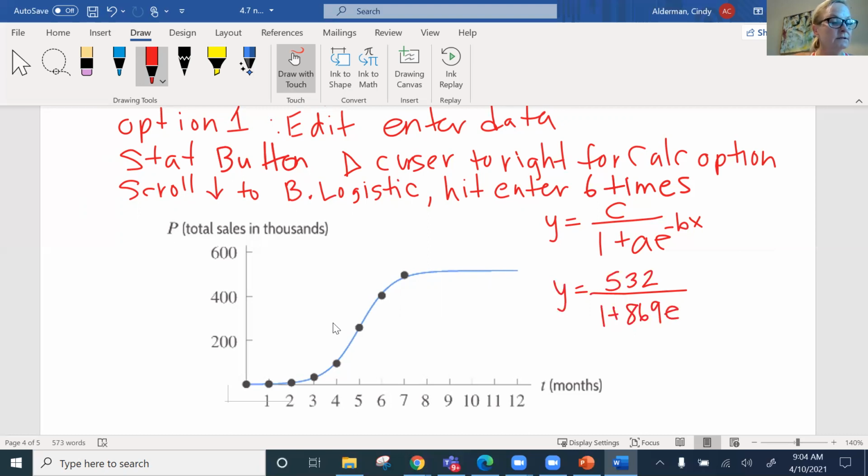And our B value here, they're telling us is 1.33. So in the formula, there's a negative sign there, 1.33. And here's your X value, or in a normal function, it would be your T value.